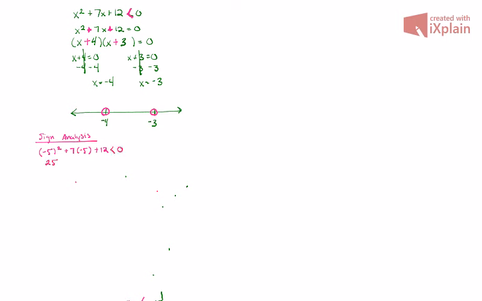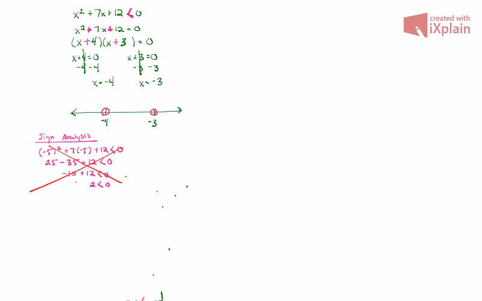So this would be 25 minus 35 plus 12 is less than 0. This gives us negative 10 plus 12 is less than 0, or 2 is less than 0. Well, that doesn't work, so we would not shade that section of the number line.